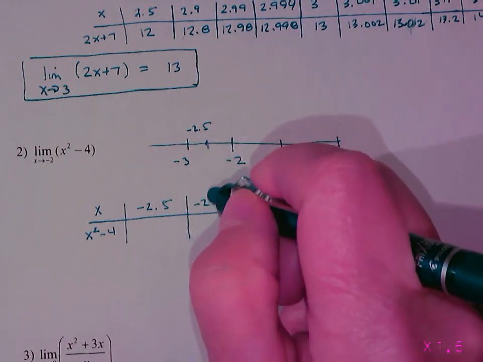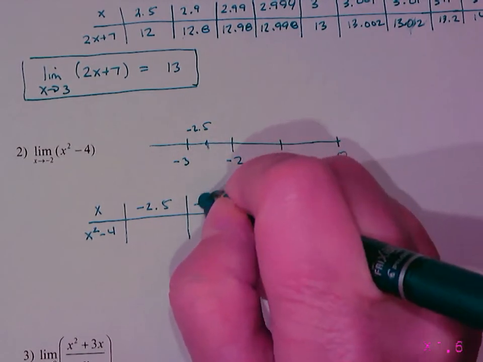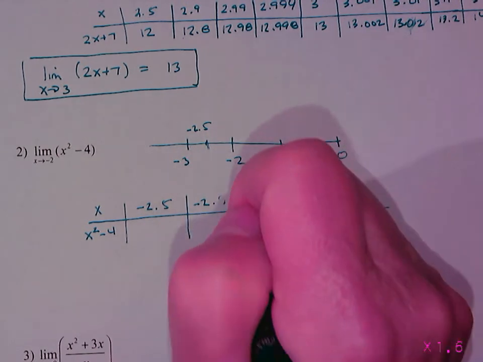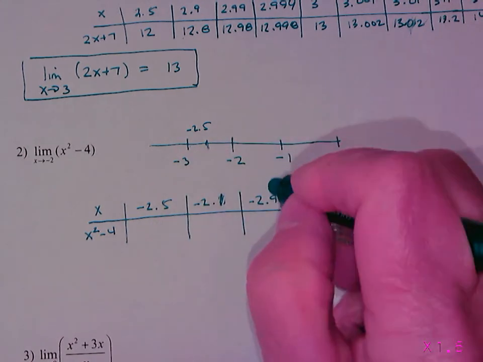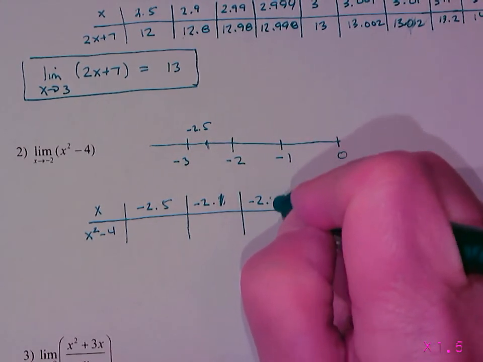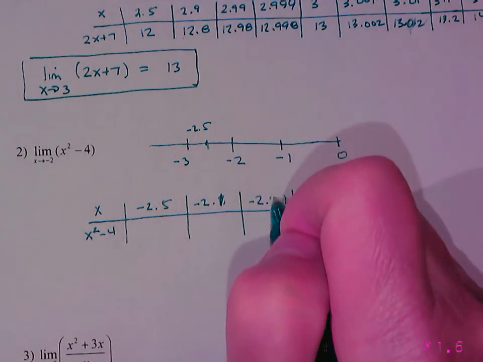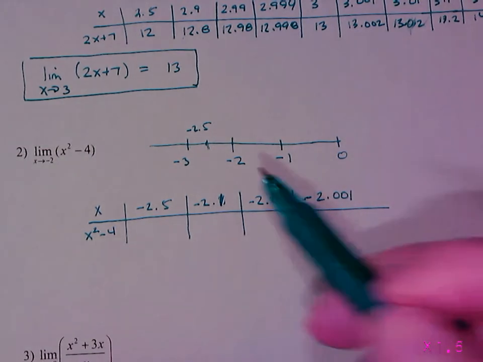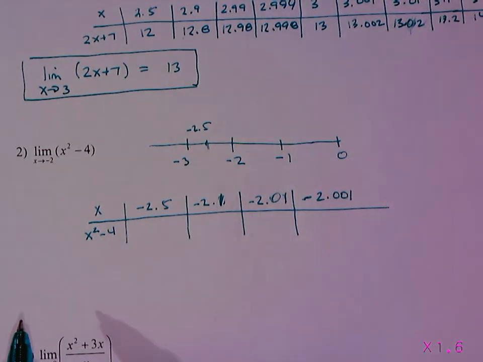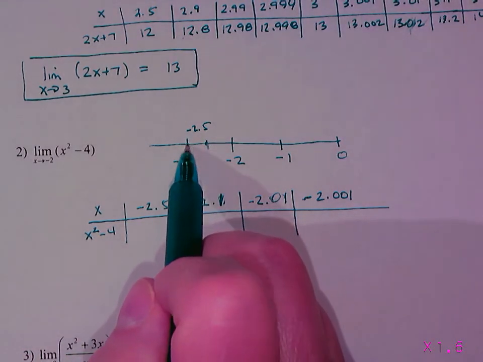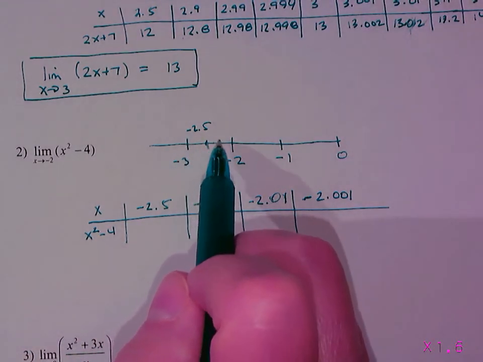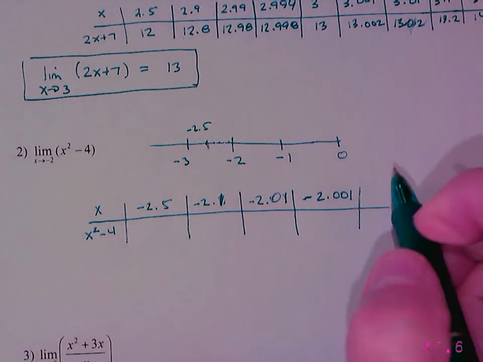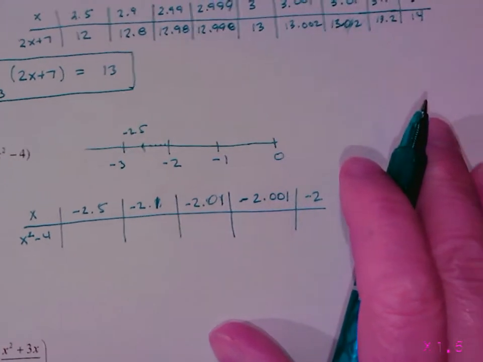Let's go back. -2.9 goes that way, so I have -2.1, -2.01 and -2.001. And that's why I put the number line there so I wouldn't make the mistake, and I made the mistake anyways. If I chose -2.9, it's coming this direction. This is -2.4, -2.3, -2.2, -2.1. So I want to get close to -2.